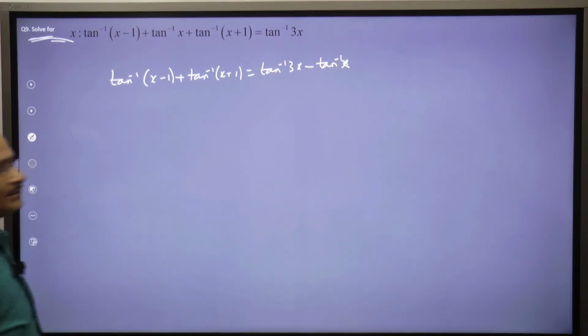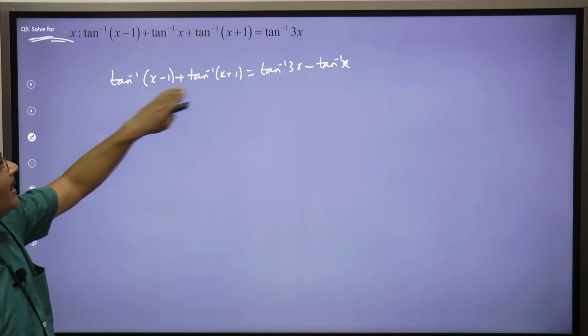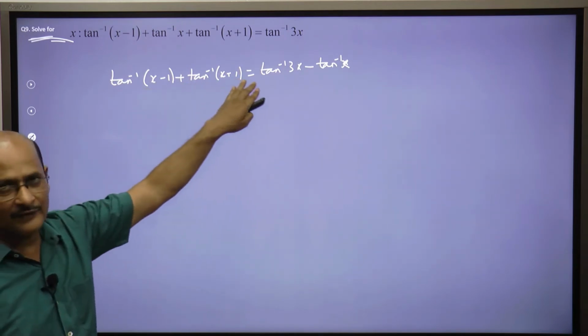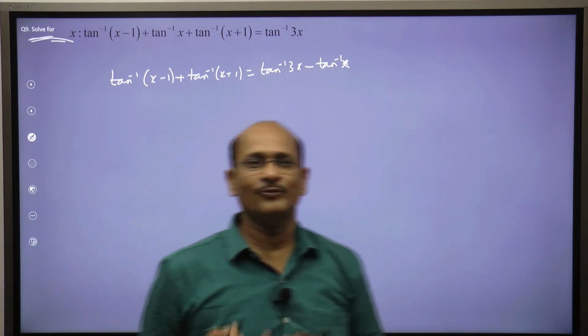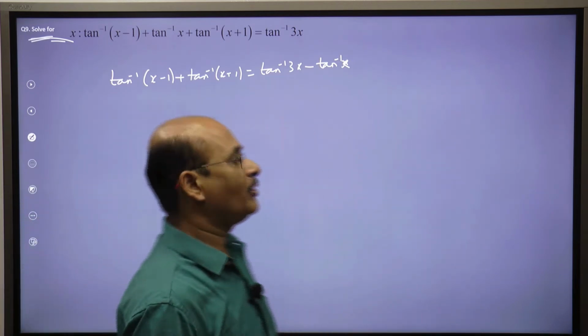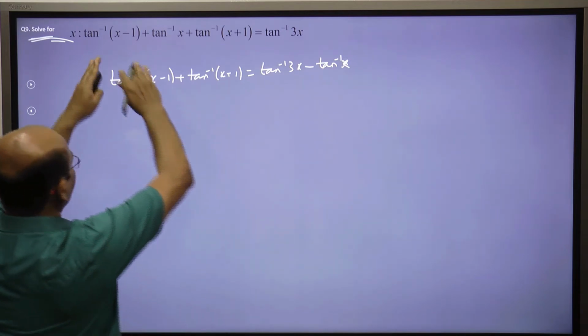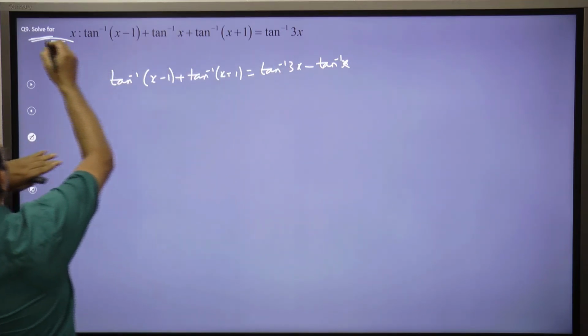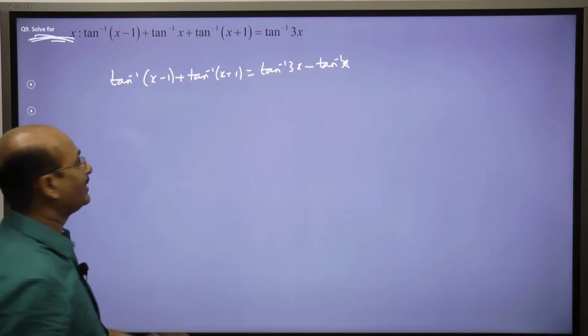You might ask why I choose this: because when I do x plus y, the minus 1 and plus 1 will get cancelled, and the simplification becomes simpler. So let us see how I go about that. As it is given, this x is part of solve for x, so remember it is not part of the sum, always keep that in mind.